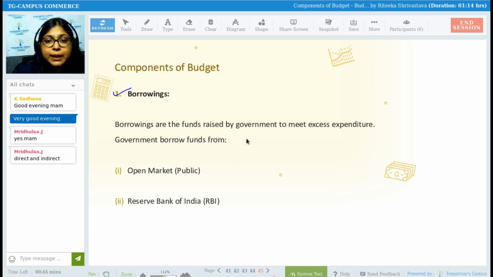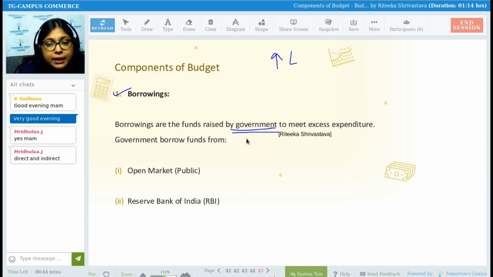When the government does borrowing, it increases the liability of the government, and this is where it satisfies the first condition of capital receipt. So when the government is doing borrowings, it is creating liability on the government, so these borrowings will be a type of capital receipt.